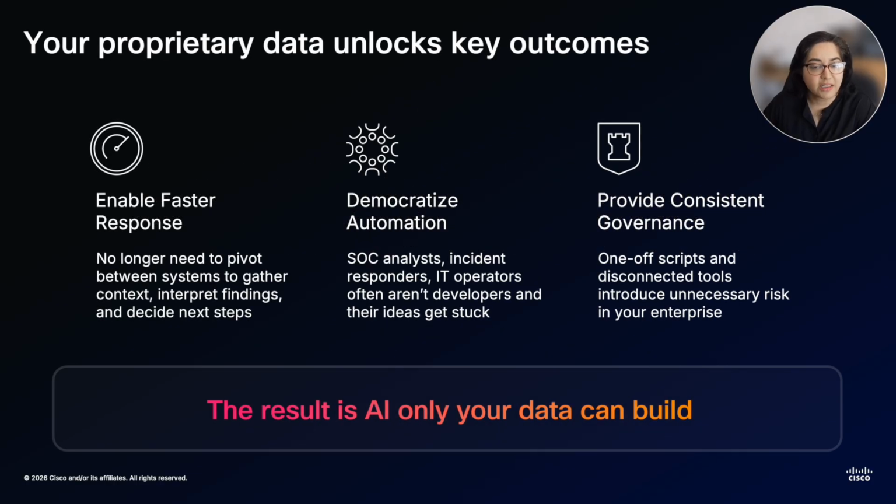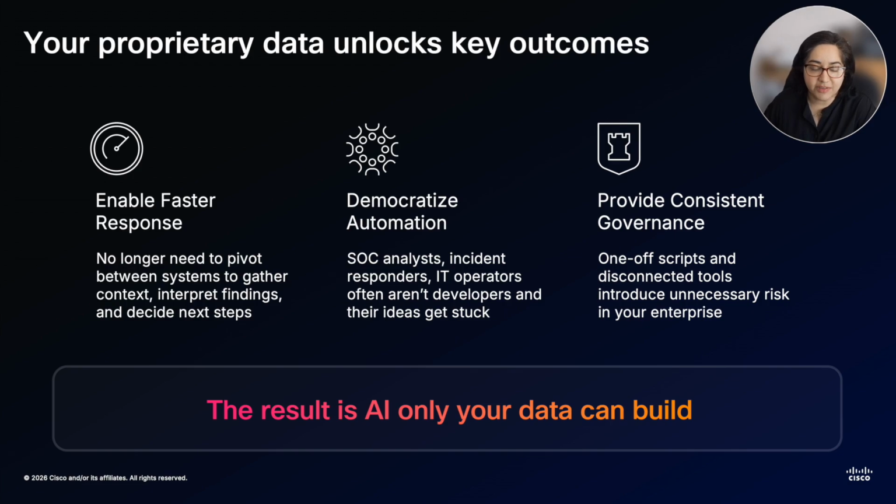So, what does that unlock? Three things: faster response, because analysts stop pivoting between systems to gather context, interpret findings, and decide what's next. Broader participation, because the people closest to the work, SOC analysts, incident responders, IT operators, can build the automations that they've been imagining without becoming developers themselves.